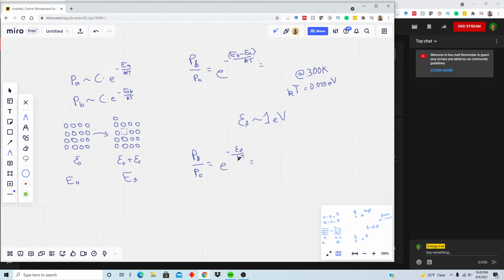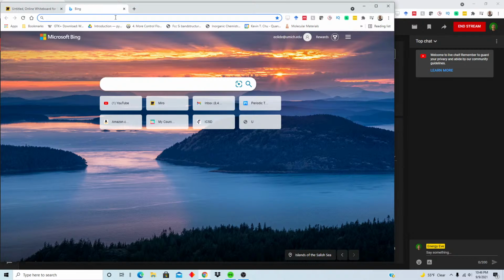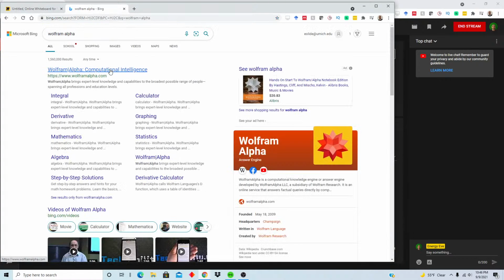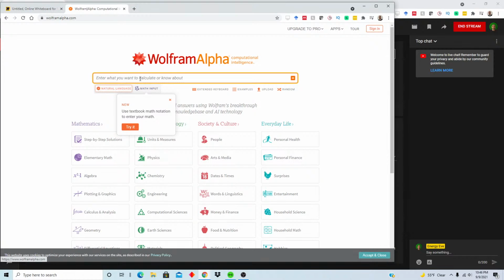If we were to look at this ratio, we have an exponential minus 1 eV over 0.025 eV, which gives us about e to the minus 40. I don't know about you guys, but this ratio is very, very, very small. Let's use our handy dandy Wolfram Alpha calculator and figure out what this is approximately.